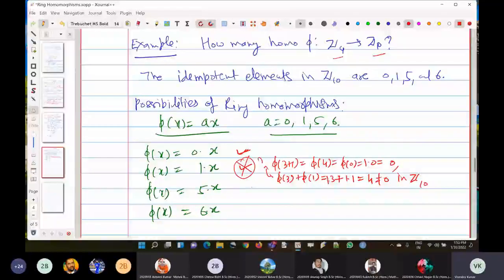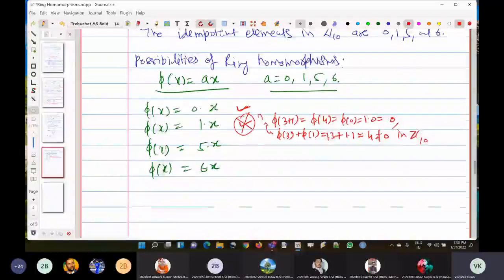So 0 is okay, but 1 times x is not necessarily a homomorphism when we are talking about ring homomorphisms from Zm to Zn.